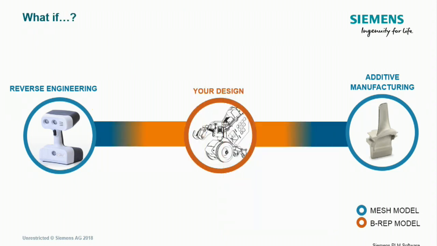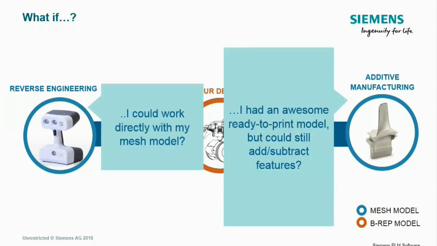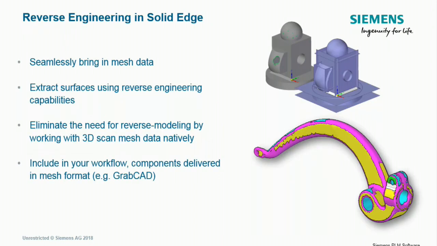So, we ask ourselves, how do we take these beautiful optimized mesh models and incorporate them into our existing design? Reverse engineering functionality in Solid Edge allows you to do just that. You can seamlessly bring in mesh data and work with it, extracting surfaces and converting the scanned data into 3D CAD models. It's especially important to extract the precise definition of critical for operation areas of the mesh model.